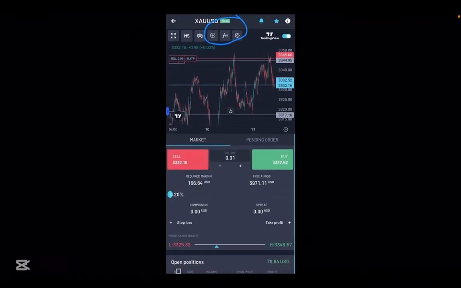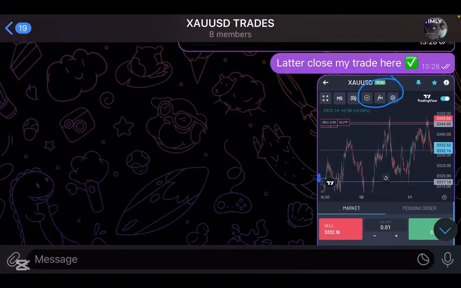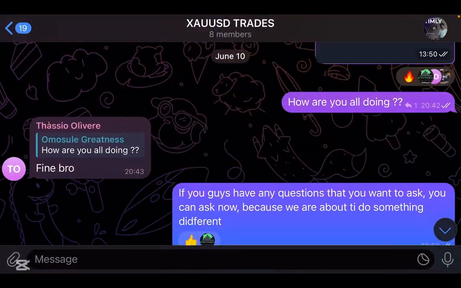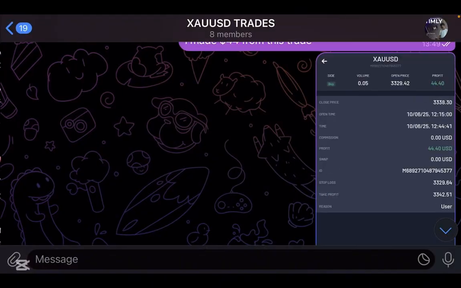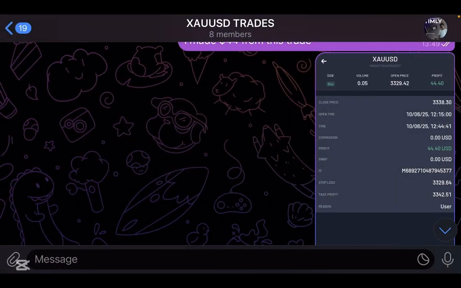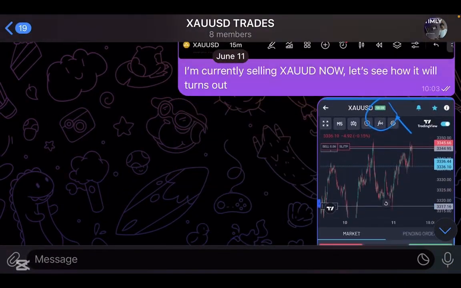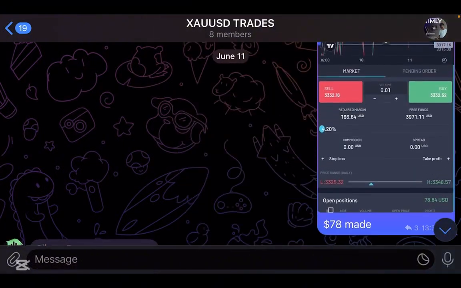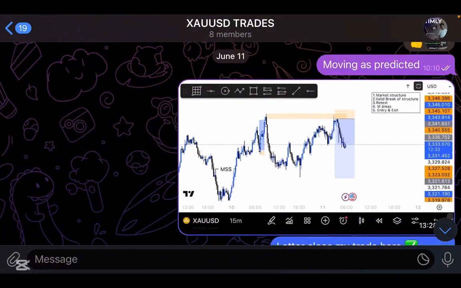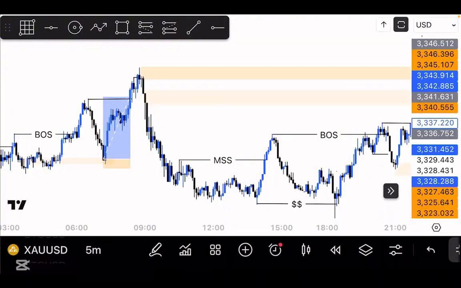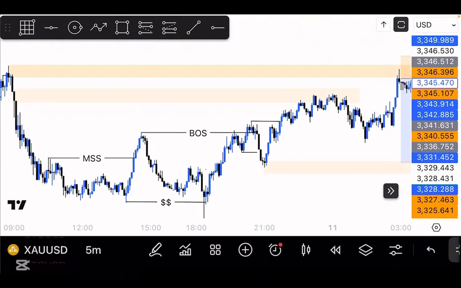Yes, 84 cents. The first one was, I think, $44.40. So that's for that, and in total I made about $78 from the trade. Now you see that it's possible to make money from the forex market.